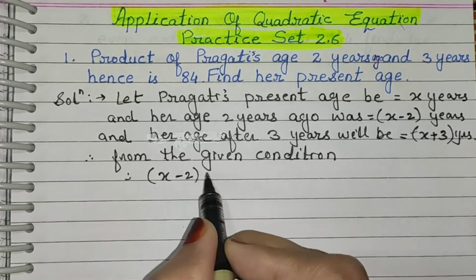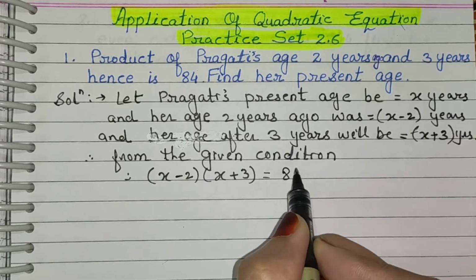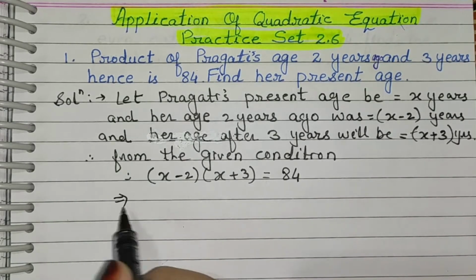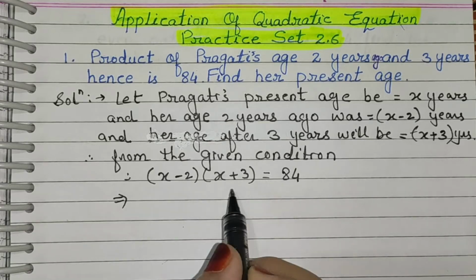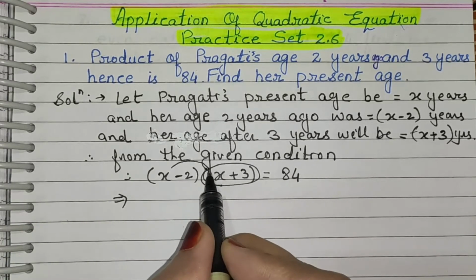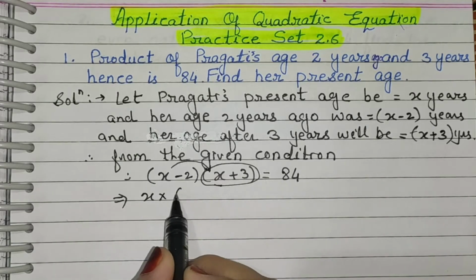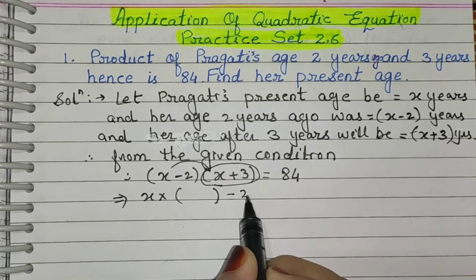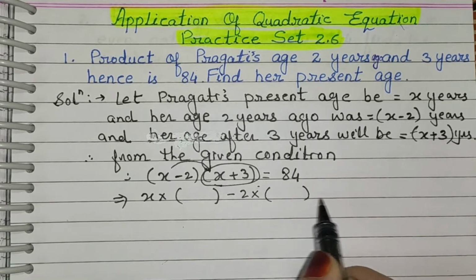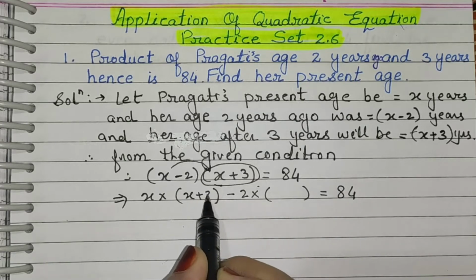x minus 2 into x plus 3 is equal to 84. Now solve it. Second bracket multiplied by x, then second bracket multiplied by minus 2. Therefore x into the second bracket minus 2 into the second bracket is equal to 84. Now the second bracket is x plus 3.